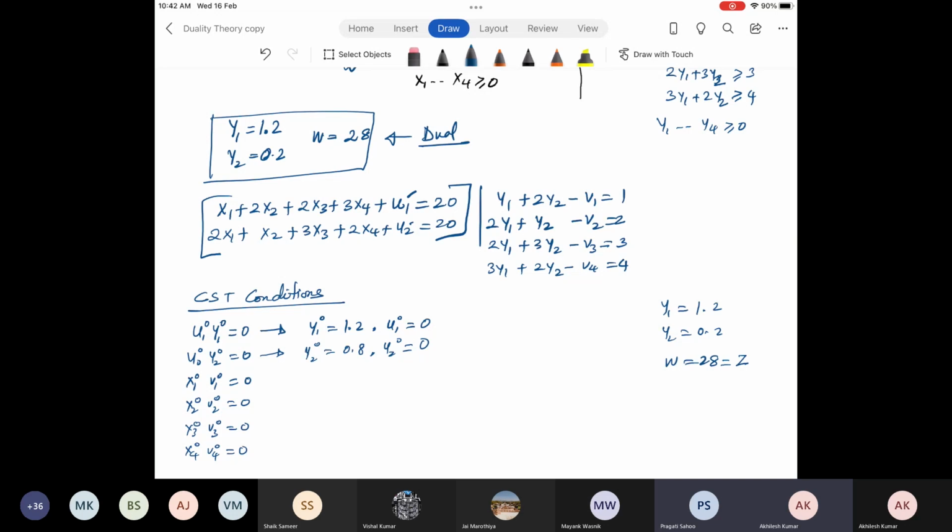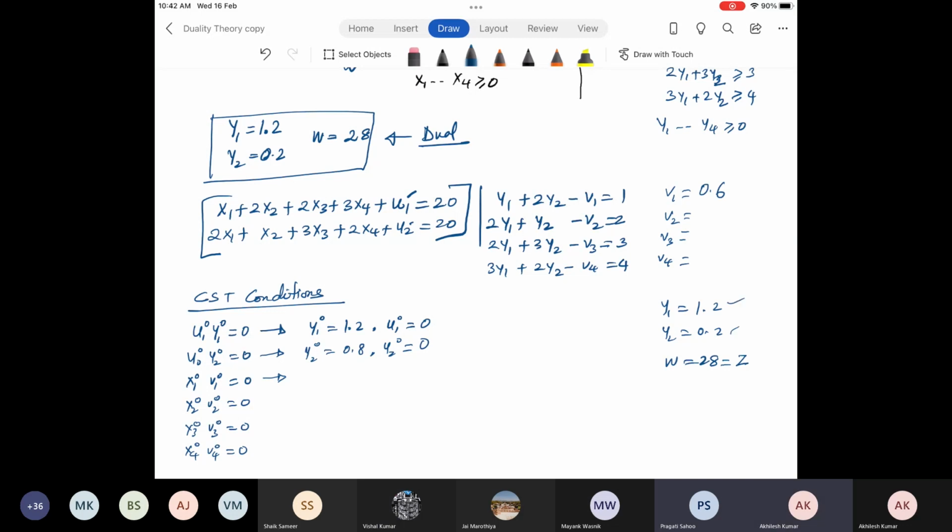Now let's start solving for the x's. Since you know the values of y1 and y2, can you tell me the v1, v2, v3 and v4 values? What is v1 equal to? 0.6. What is v2 equal to?